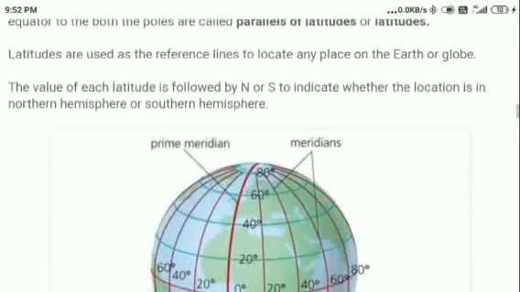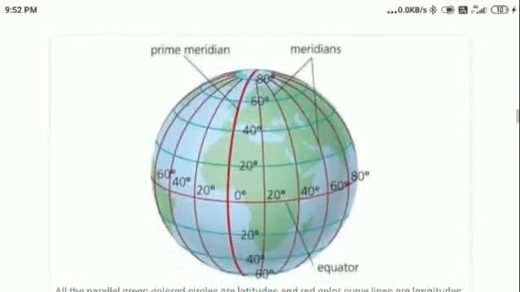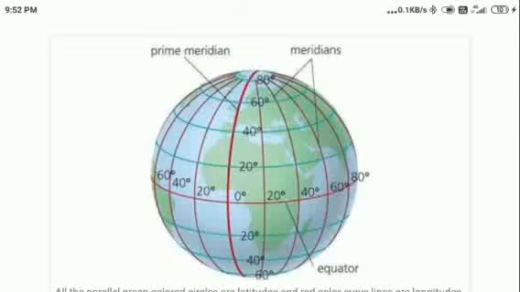Here in this picture the green lines show the latitudes. They are also called the parallels of latitude. The line at the center, shown in red color, is the largest circle which can be made on the earth horizontally, and it is called the equator.